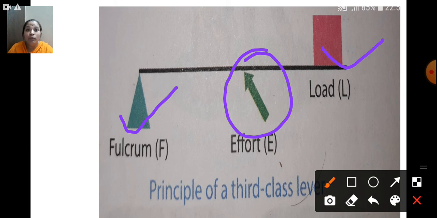So today's homework is, you will read this topic two or three times. Understood, children? This is today's homework.